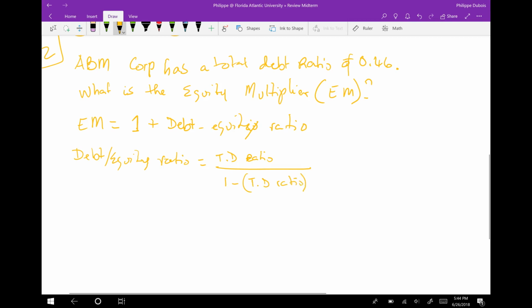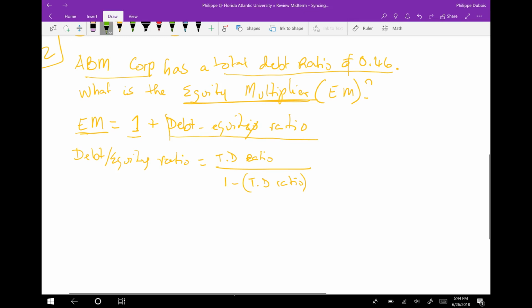Okay, so let's repeat that. The question tells you ABM Corp has a total debt ratio of 0.46. What is the equity multiplier? Well, we know the formula for the equity multiplier is 1 plus the debt to equity ratio. Be careful here.